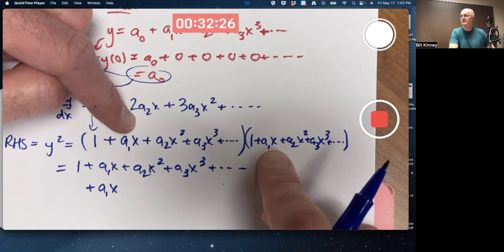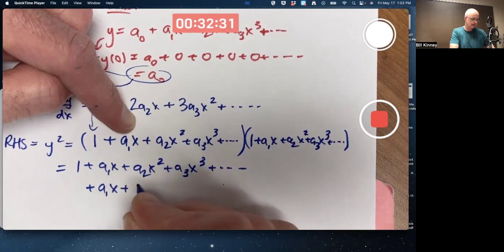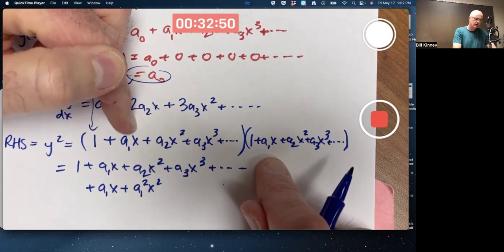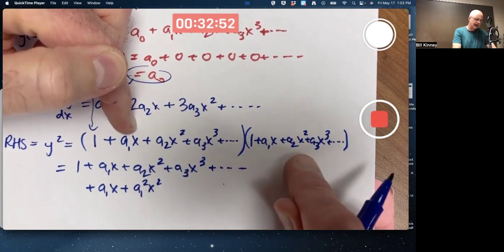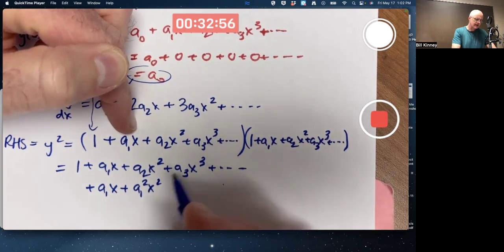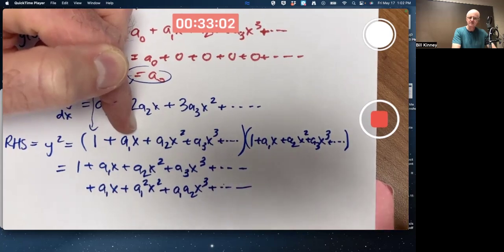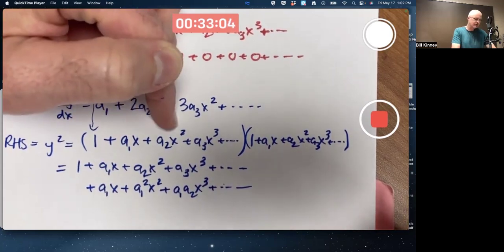That's a1 squared, x squared. That coefficient is different than the 1 in the line above it. Go to the next term. a1x times a2x squared. That will be a1 times a2x cubed, etc. Go to the next term on the left.